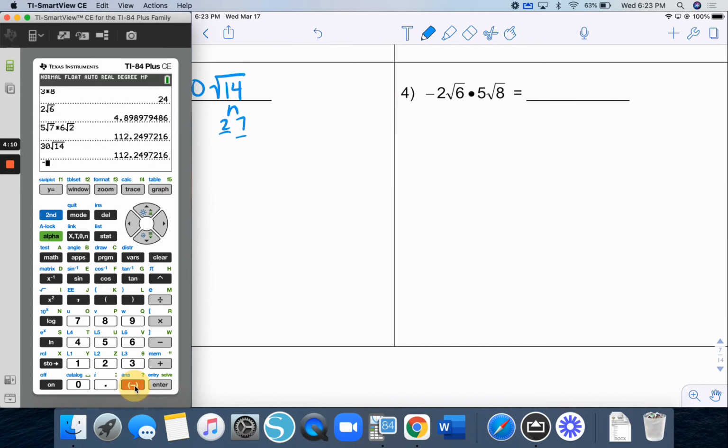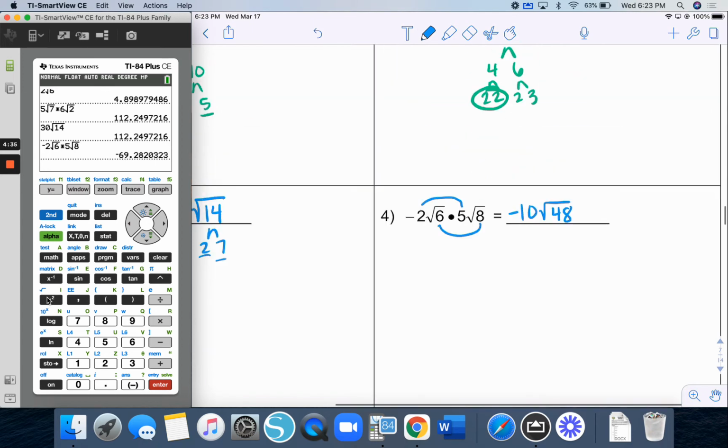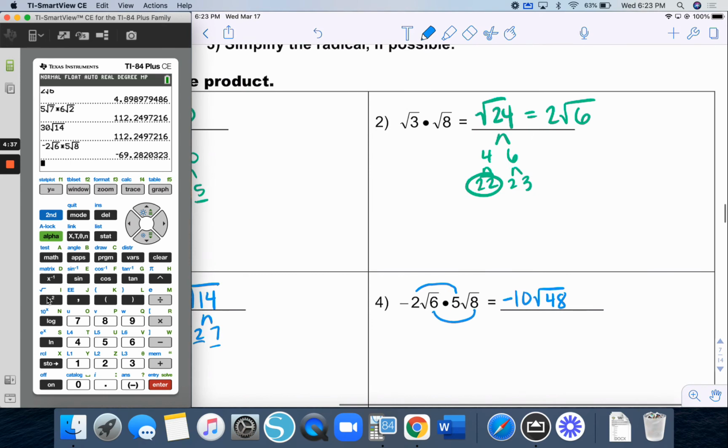Number 4, we have negative 2 square roots of 6 times 5 square roots of 8. And we get another decimal, so we're going to have to do this one by hand as well. Out front, we have negative 2 times 5 for a total of negative 10. In the parentheses, we have 6 and 8, which makes 48. Now, if you remember up top, we already broke down 48, and we got 4 square roots of 3.